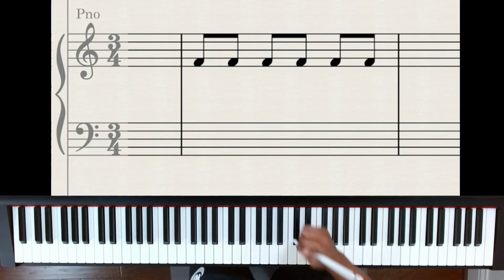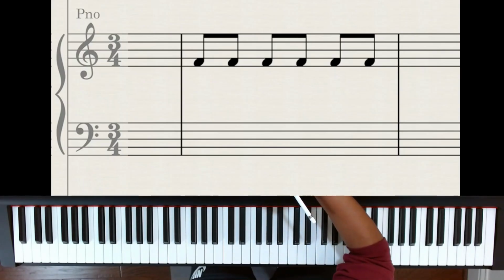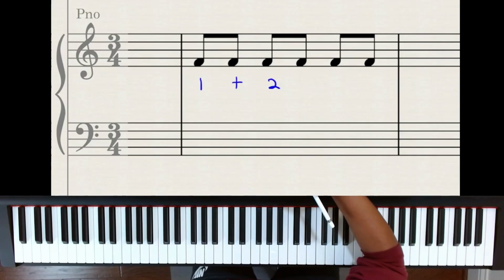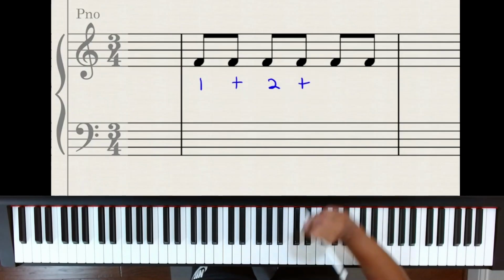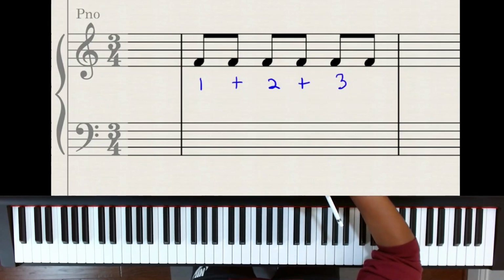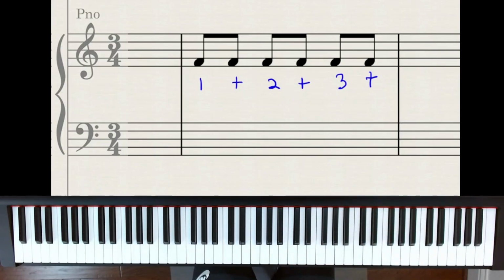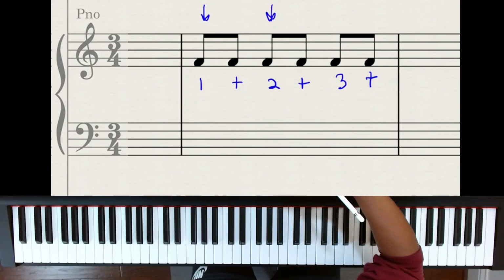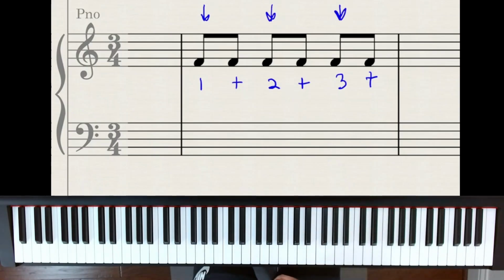In this example, we have 1 and, 2 and, 3 and. So we're just going to play it: 1 and 2 and 3 and. You have your first downbeat there, your second downbeat there, and your third one right there.